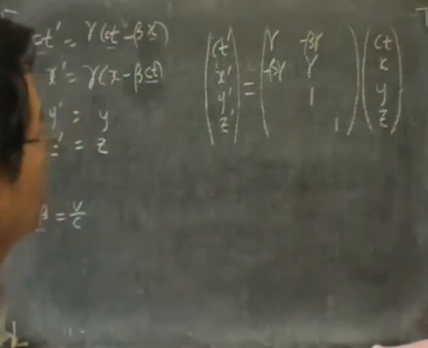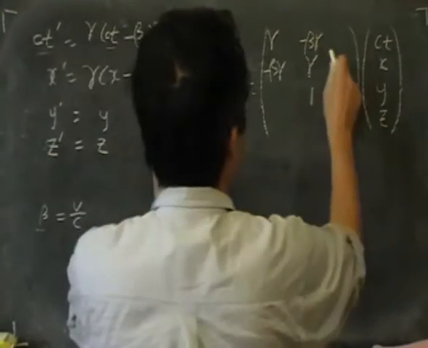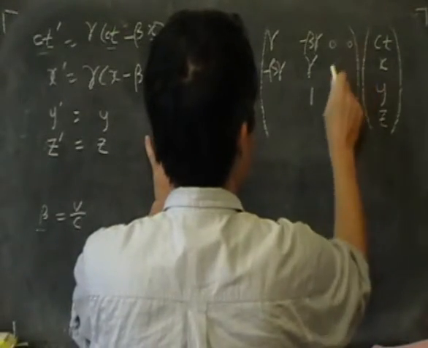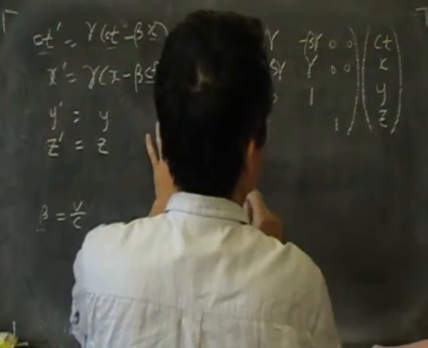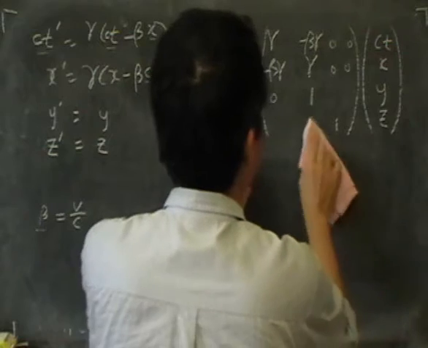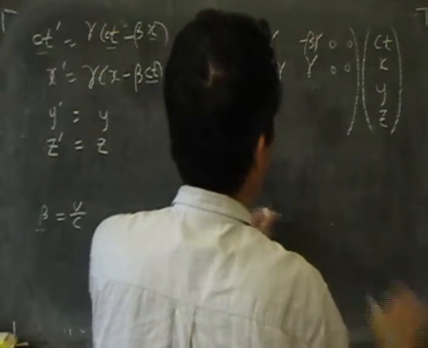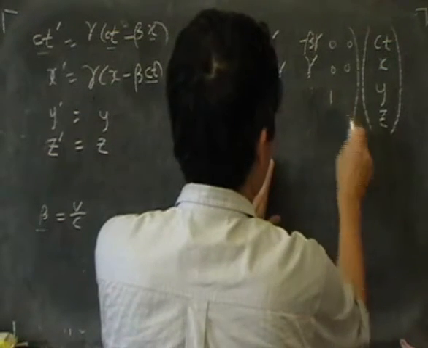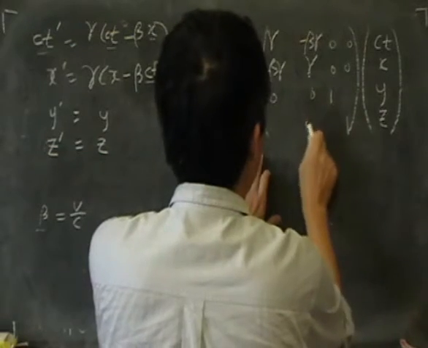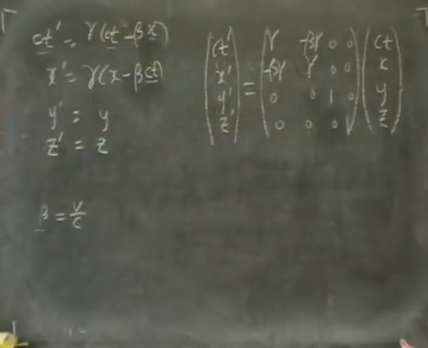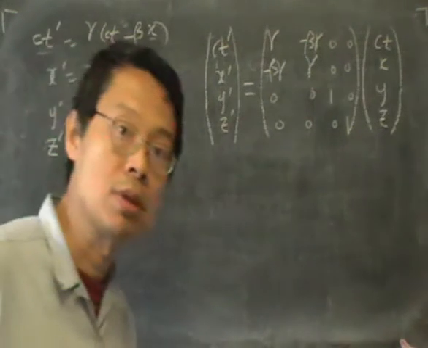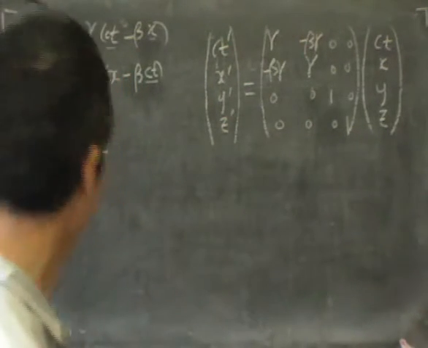So those are the non-zero terms. All the rest are zeros. So 0, 0, 0, 0. 1 there and a 1 there. So that's my matrix equation for the Lorentz transformation.